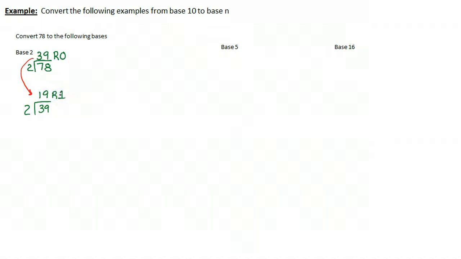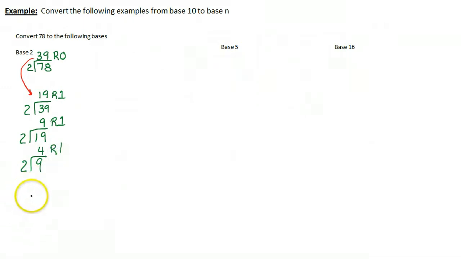Now again, you could do this using long division form. I'm simply pulling out my calculator and writing the dividend and the remainder. So now I'm going to take 19, divide that by 2, and this is going to give me 9, remainder 1. Now I'm going to take 9, divide that by 2, and this is going to give me 4, remainder 1.